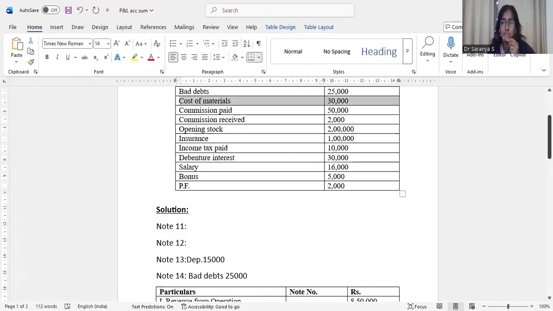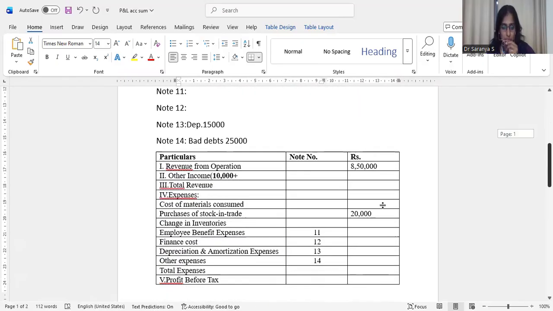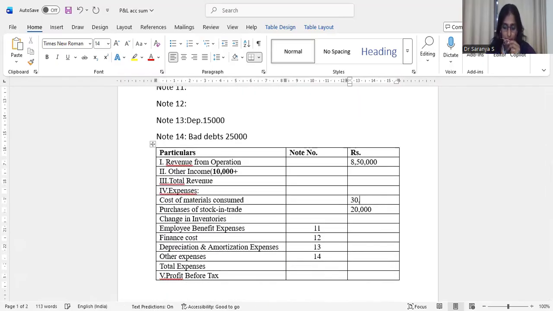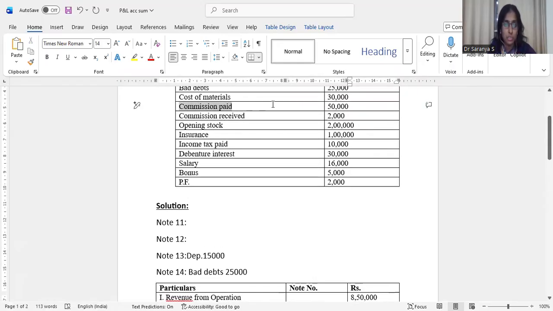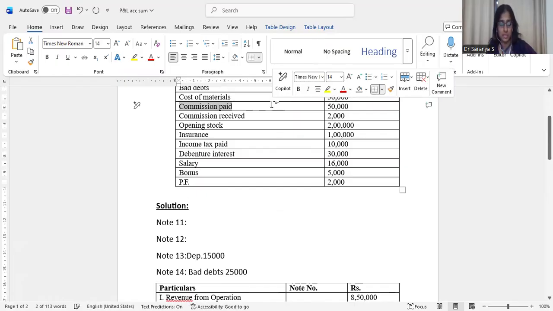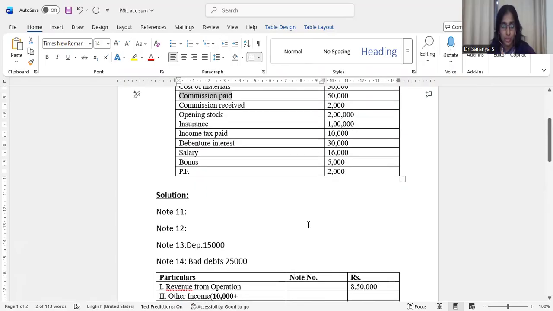Then the next item we have is cost of materials. Cost of materials is a separate category under the expense heading, correct? So we will write it here under expenses. The first item is cost of materials consumed, and there we will write 30,000. Then commission paid is nothing but other expenses, which come under note number 14.